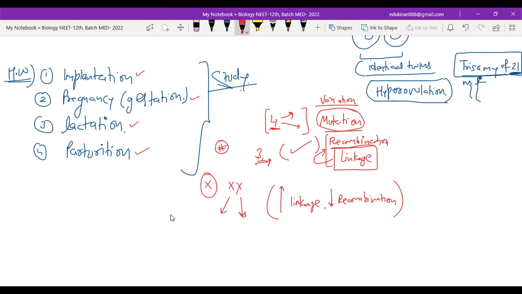But a sex-linked disease from a father, because he only gives X to daughters, can only go to a daughter. So these are some rules. Focus on autosomal dominant and recessive disorders, sex-linked disorders, linkage, recombination, and mutation.